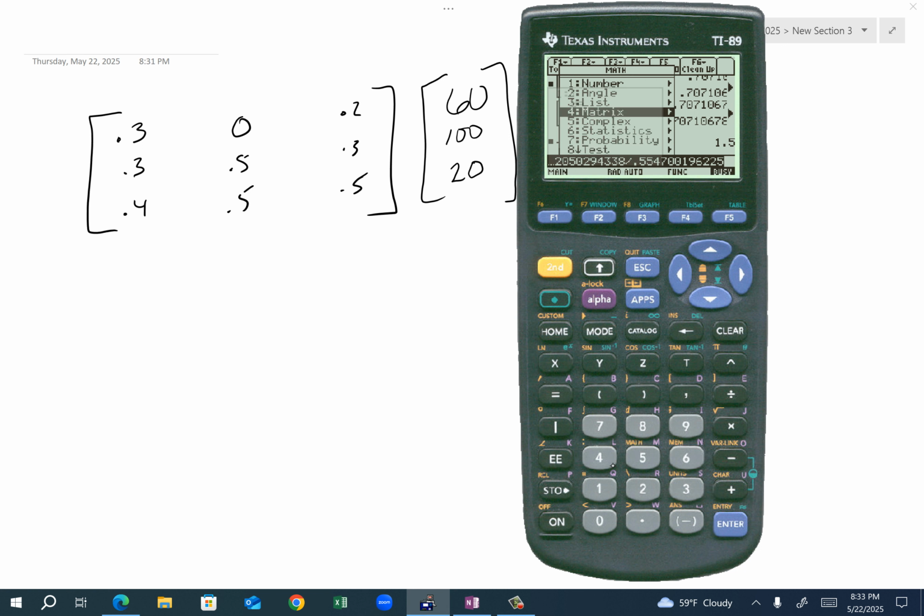We're going to have a look at our eigenvalues real quick. Is that right? Yes, there it is. Eigenvalues of 0.3, 0, 0.2, 0.3, 0.5, 0.3, 0.4, 0.5, 0.5.